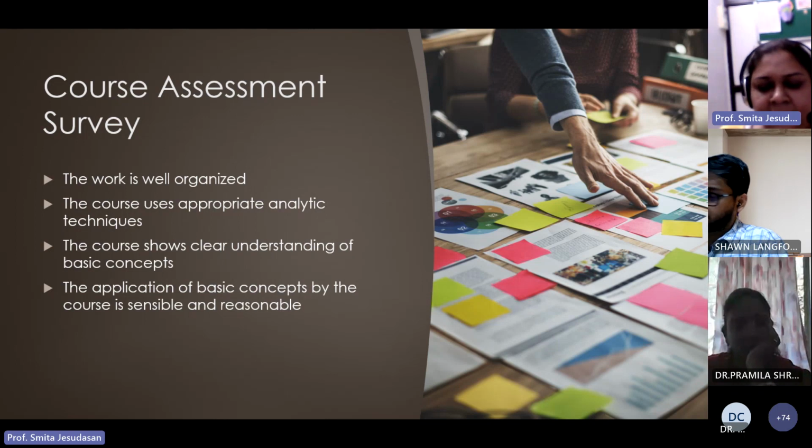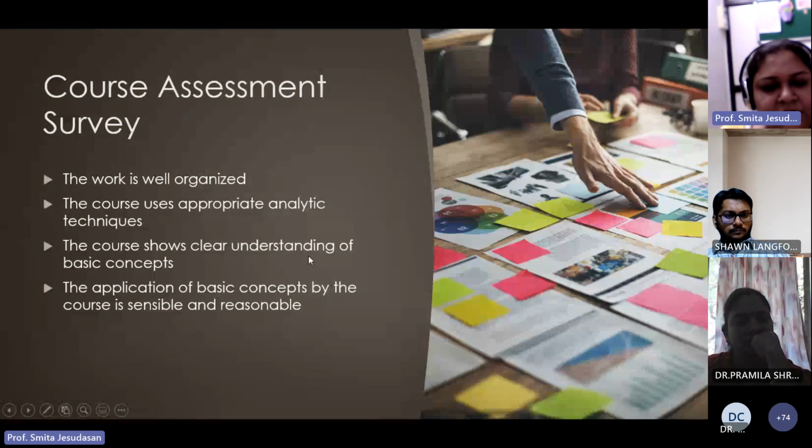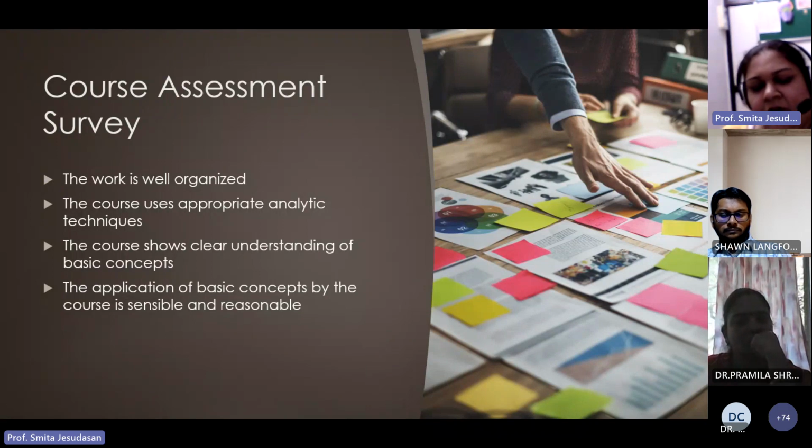Now, any course outcome would have a component of knowledge and a component of skills. When you say component of knowledge, the third question, the course shows clear understanding of basic concepts, is related to the knowledge concept.